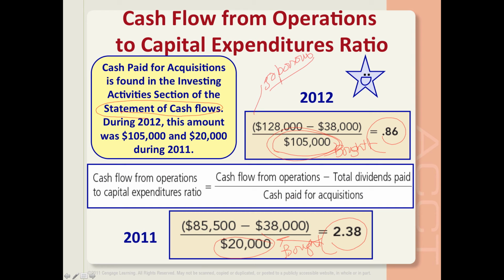So they either have to borrow money or sell stock. And that's the cool thing about these ratios, is they give you the ability to look deeper than just into the numbers. And so for this particular ratio, it tells us, do I have enough money from my operations to buy the equipment, or do I need to do something else to help me buy the equipment that we need?